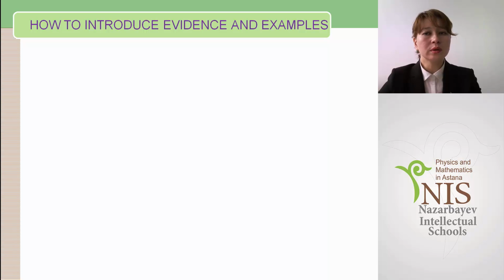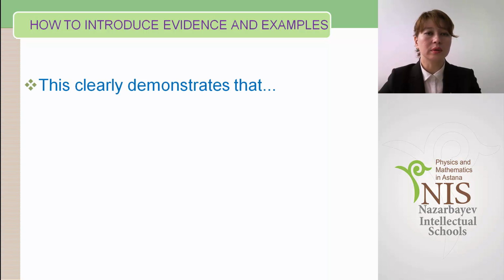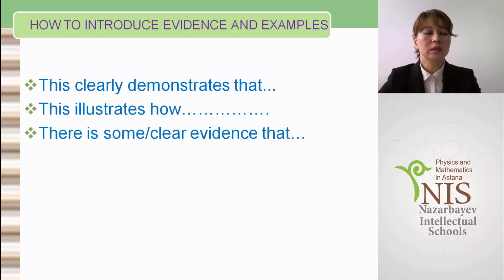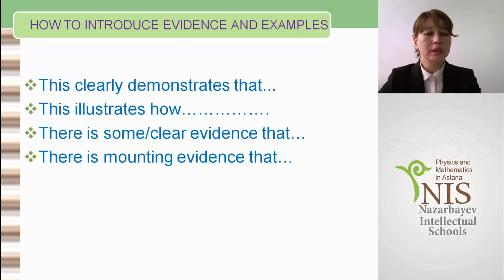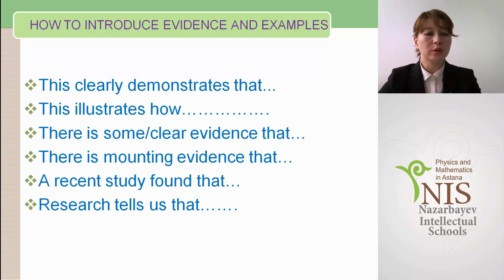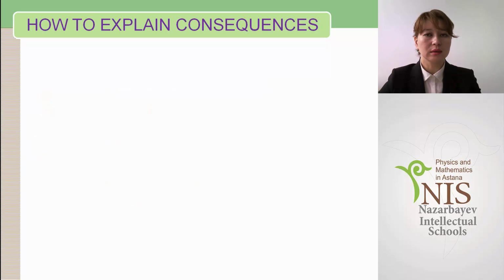How can we introduce our evidence or examples? With such words as: this clearly demonstrates that, this illustrates how, there is some clear evidence that, there is mounting evidence that, a recent study found that, research tells us that. Then we need to explain consequences.